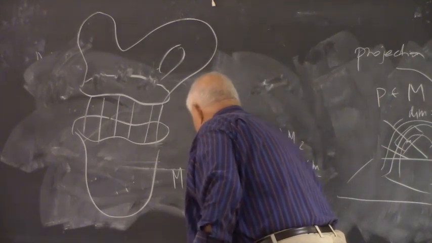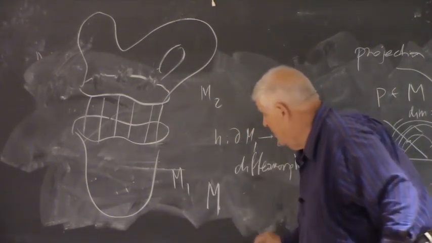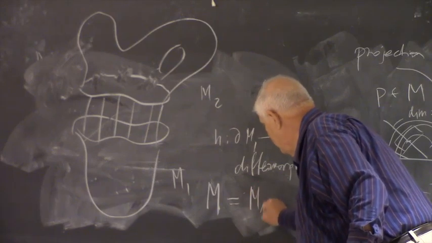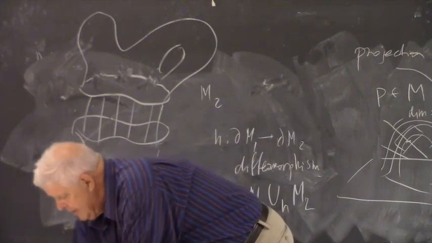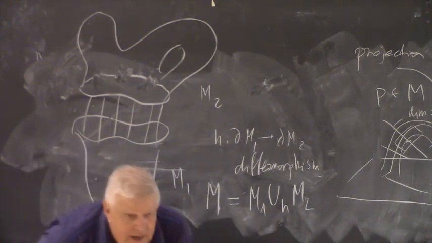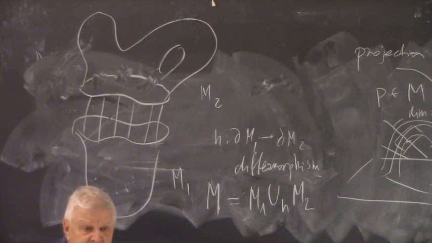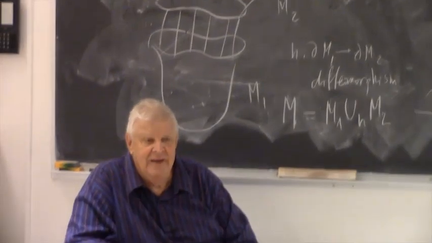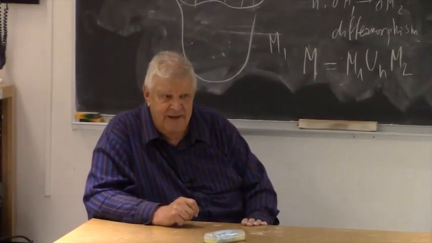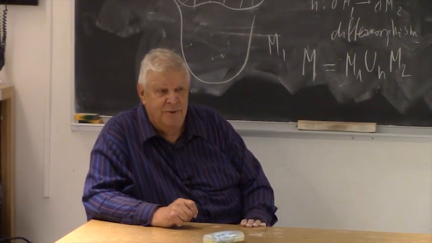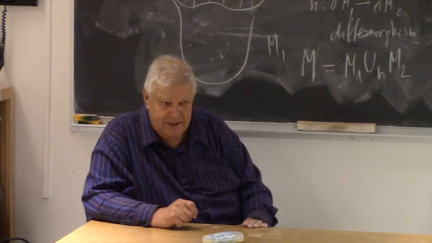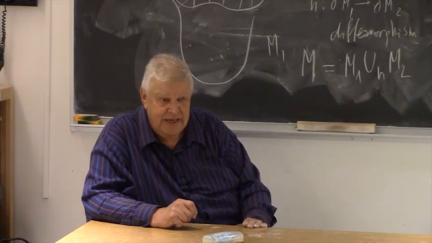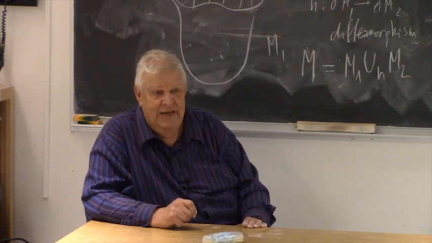Now I define a new manifold M, which is M1 union M2, with the understanding that the points of ∂M1 are attached to the points of ∂M2 which correspond to each other with respect to H. This is a description of the set. Understand? Now to say that M is a manifold which contains M1 and M2 as submanifolds, I need an atlas.